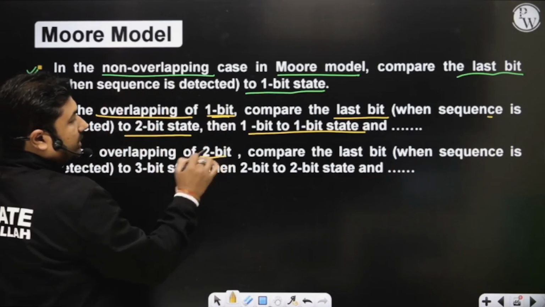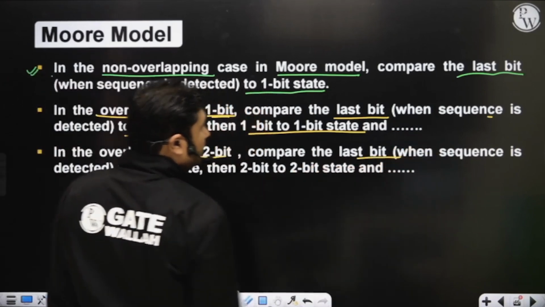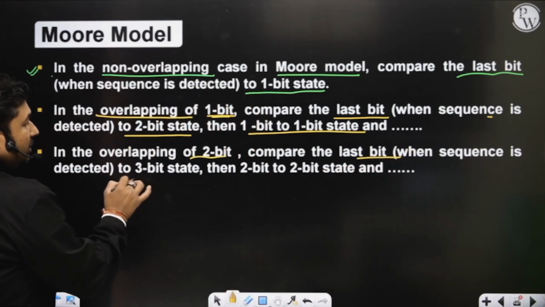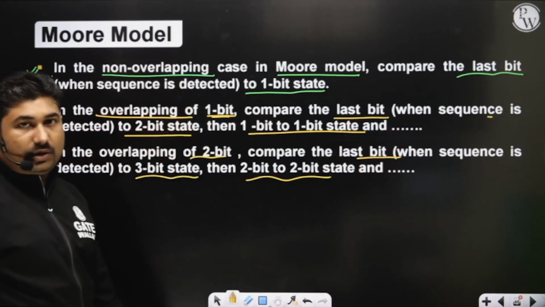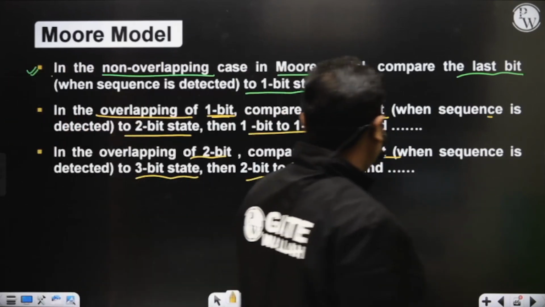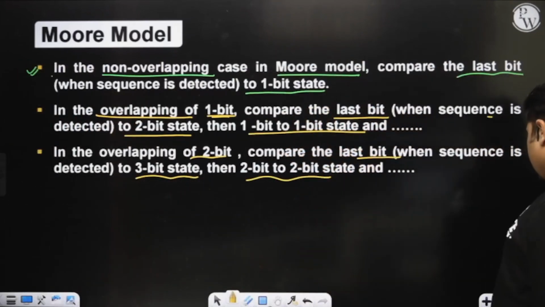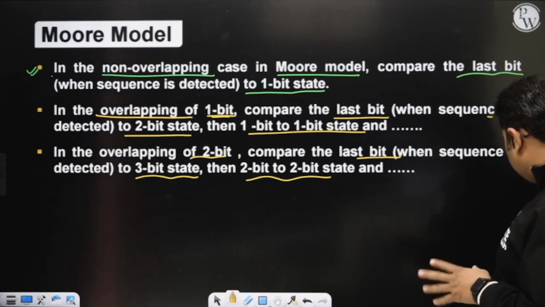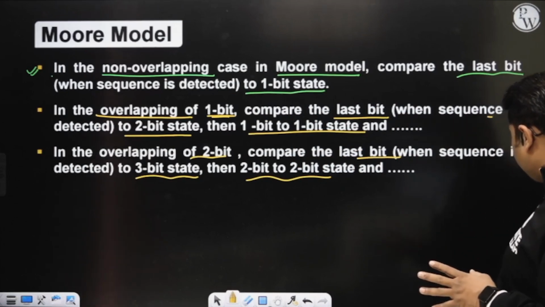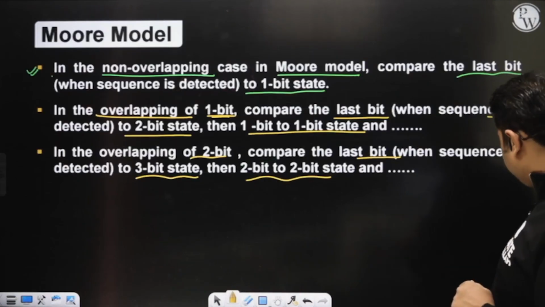With overlapping, when the sequence is detected, compare to the 3 bit state, then 2 bit with the 2 bit state, and so on. Is it okay? Hoping you are able to understand how to construct the state diagram of the sequence detector.